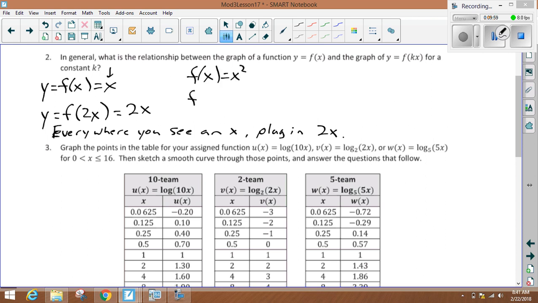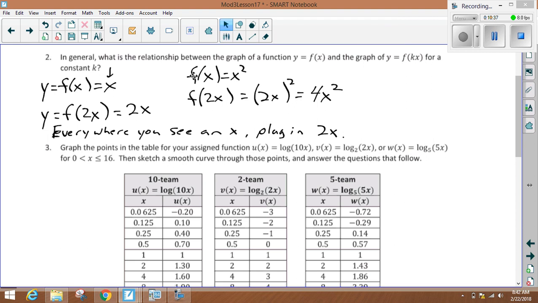Then f of 2x is equal to 2x squared, which is 4x squared. See what I'm doing when I do that? It's just like saying f of 2. If you're asking what f of 2 is, you plug in a 2 everywhere you see an x. All we're doing now is plugging in variable quantities instead of just number quantities.